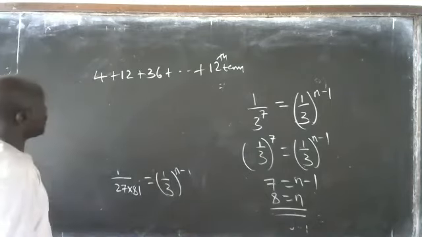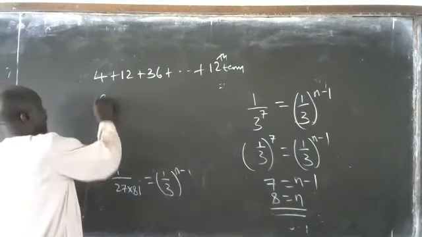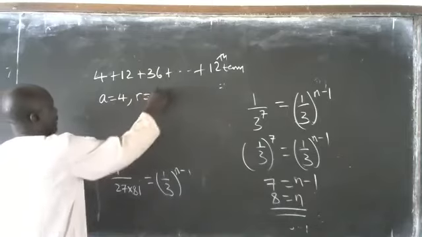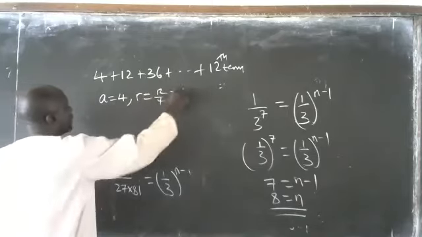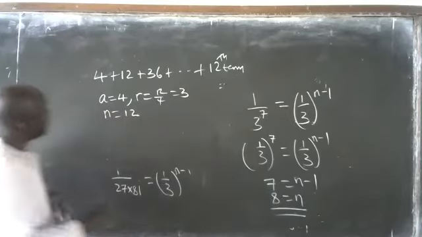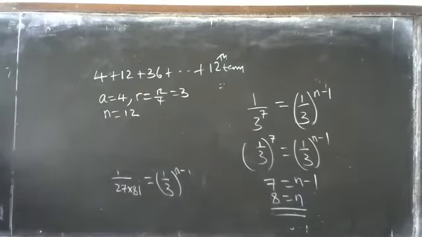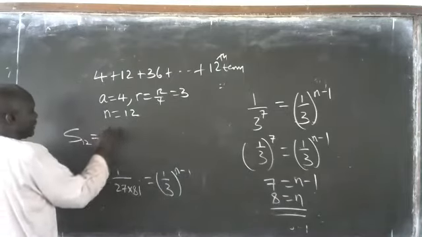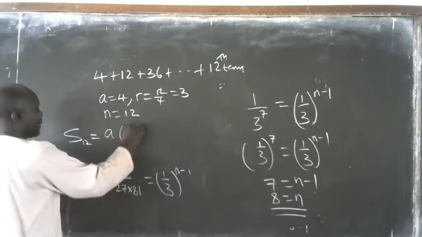So here we have our a is 4. Our r is 12 over 4, which is 3. Our n is 12. So we want to find the sum of the 12 terms. It should be a times r power n minus 1 over r minus 1.